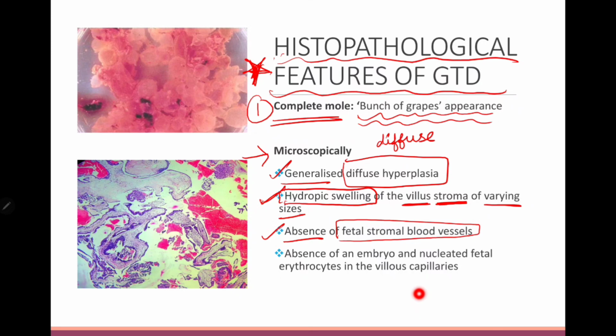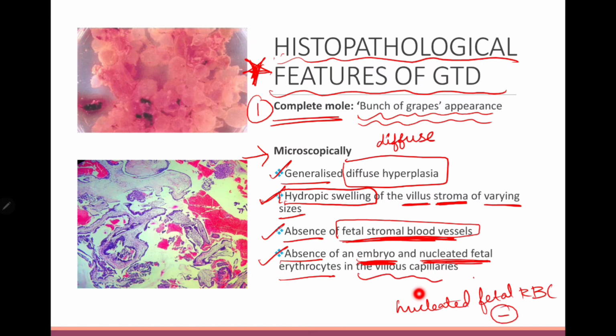But in complete mole, fetal stromal blood vessels or the embryo will not be present. Embryo also will be absent, fetal stromal blood vessels also absent, and nucleated fetal erythrocytes, the nucleated RBCs, in case of complete mole are going to be absent.